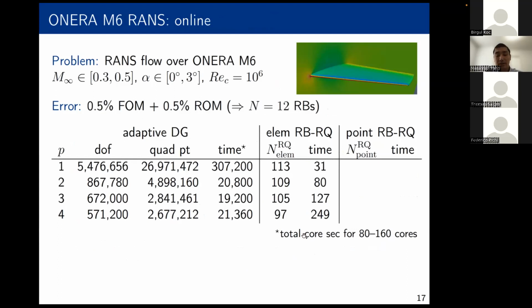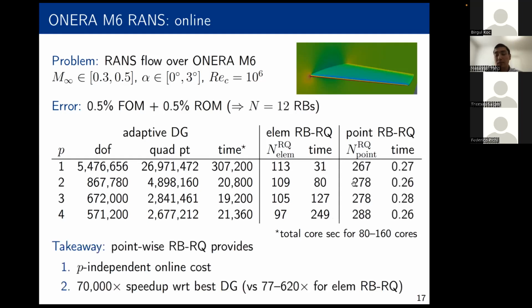We've already seen the result of applying hyperreduction based on element-wise quadrature to this method. We end up choosing about 100 elements, but basically the computational time increases as the underlying polynomial degree increases. With point-wise formulation, though, we end up choosing about the same number of points and the computational time remains the same.